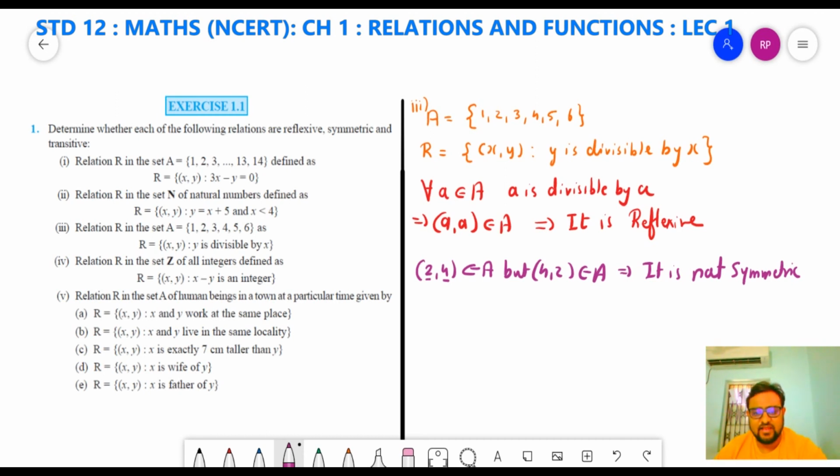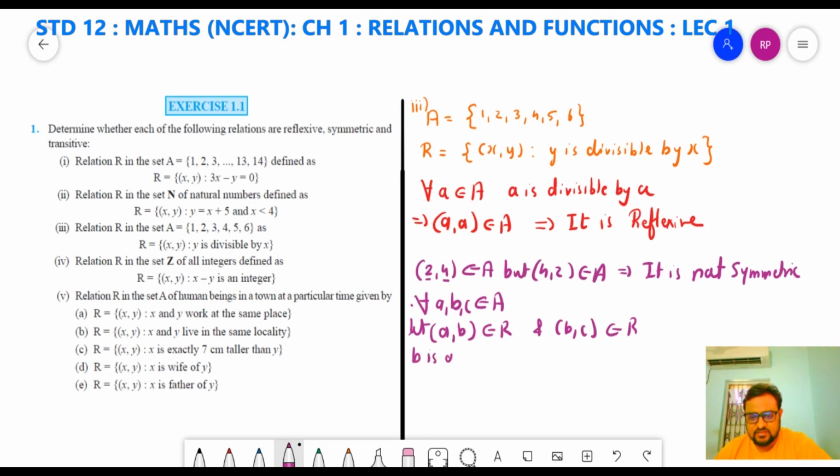Now see, let A, B, and C belong to the set. Let AB belongs to R and BC belongs to R. Clear? So what does this mean?